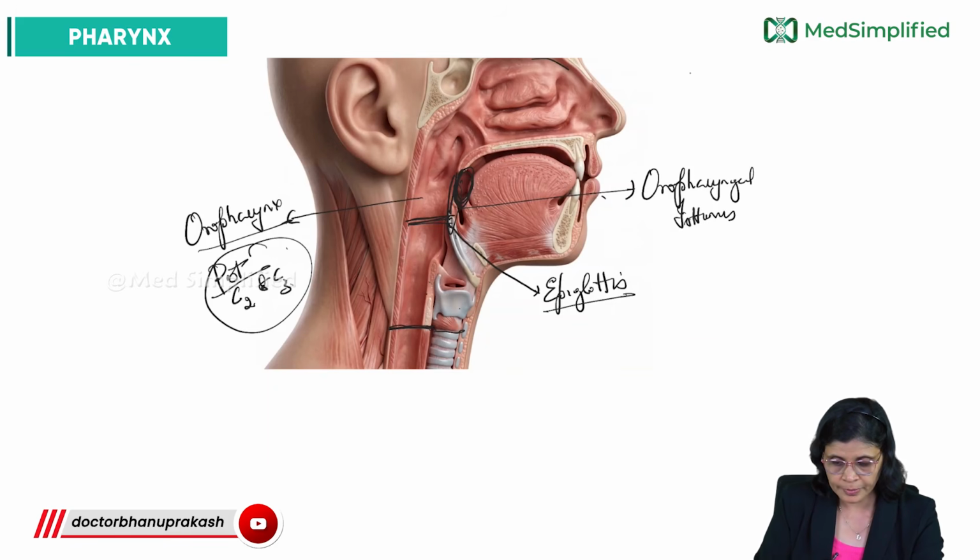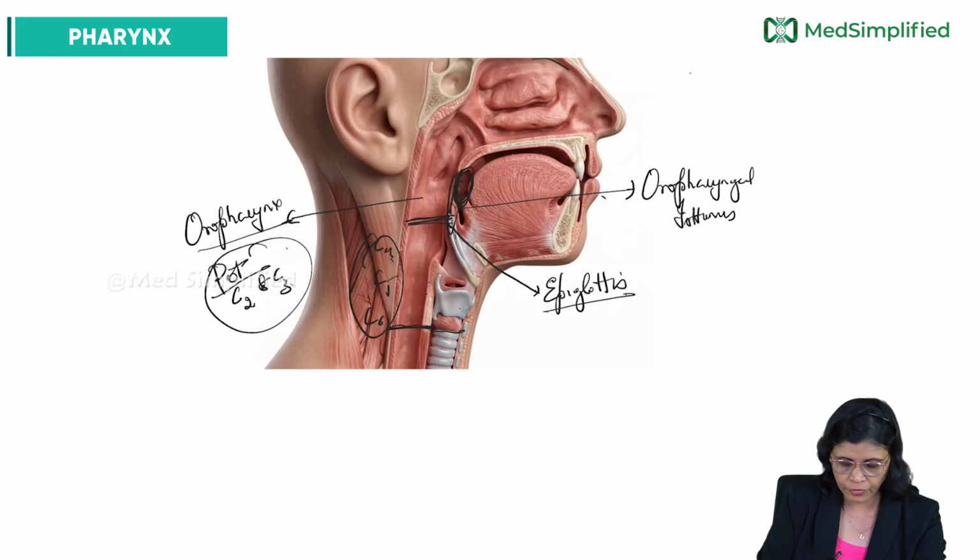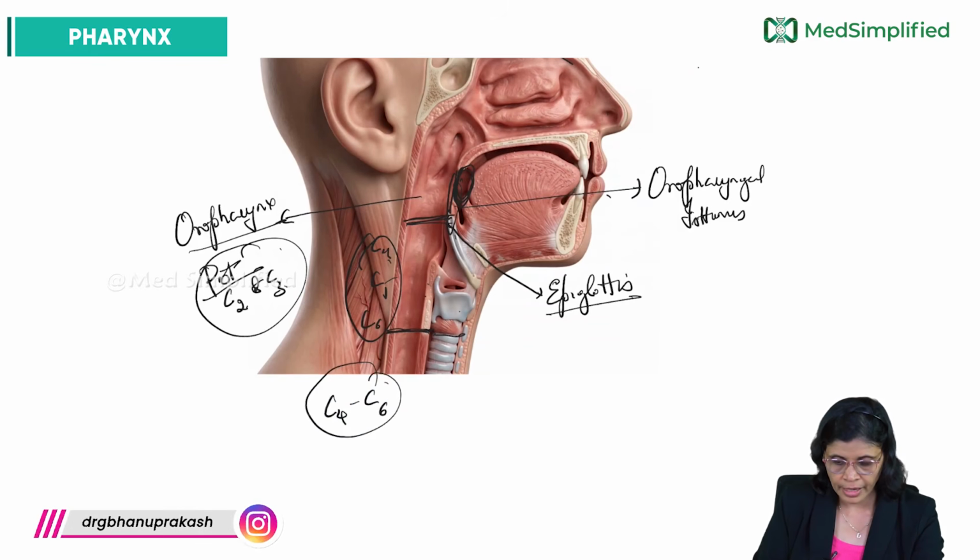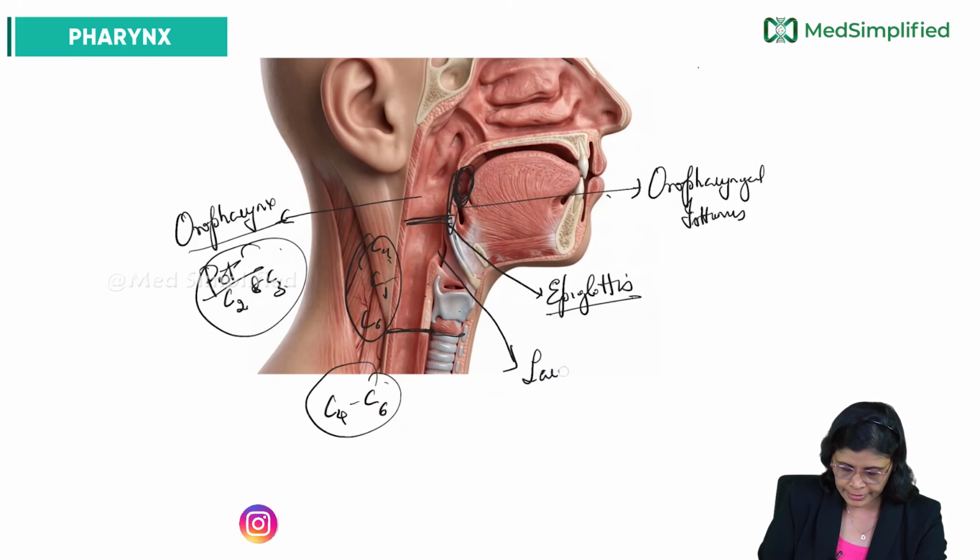Behind, it is supported by the C4, C5 and C6 vertebrae, which form the posterior relations. Anteriorly it communicates with the larynx, through the laryngeal inlet.